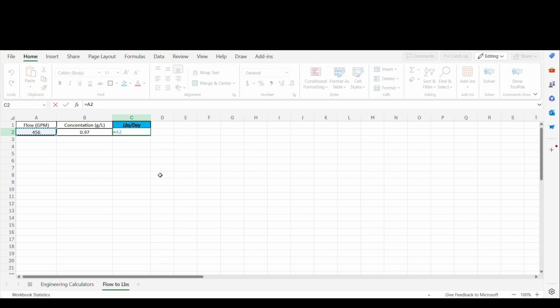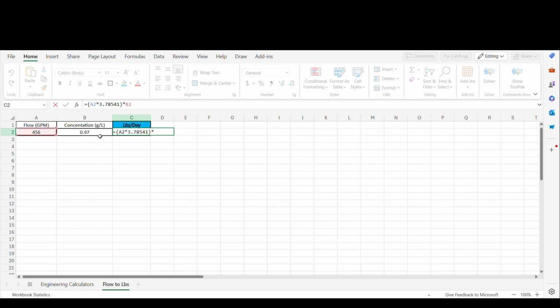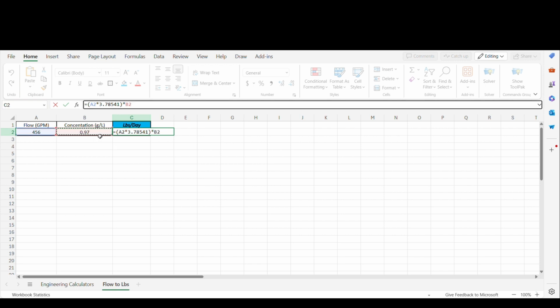So if we go back to this, you will essentially multiply this by your 3.78541. That's going to get you liters per minute. You will then multiply this by your grade, which is grams per liter. This will get you grams per minute.